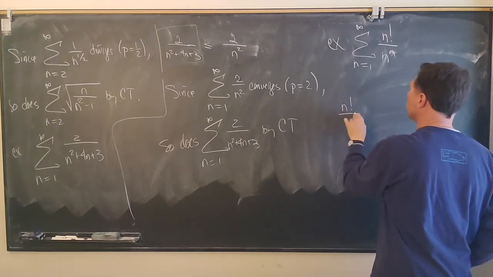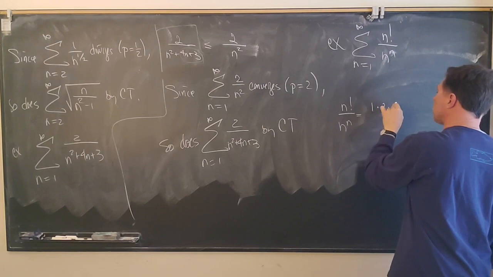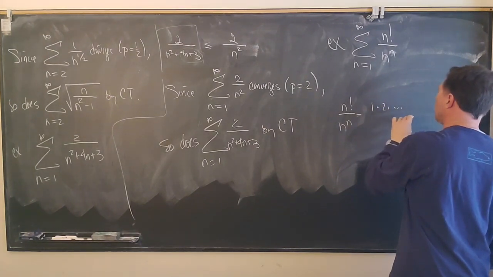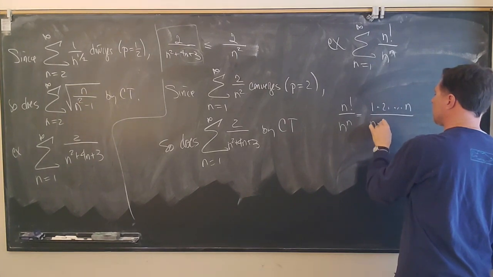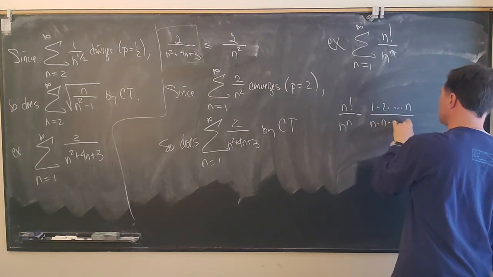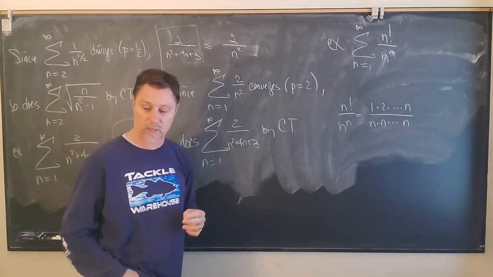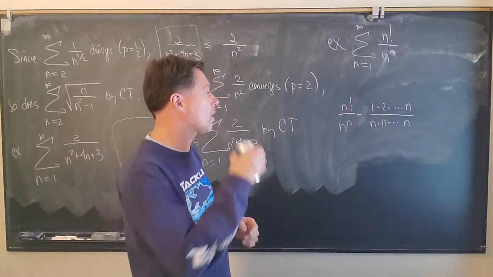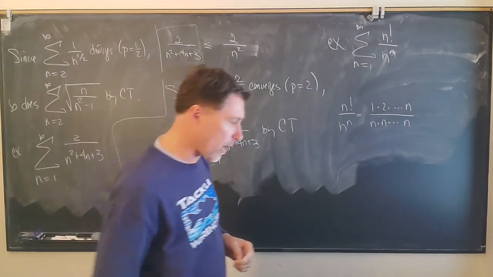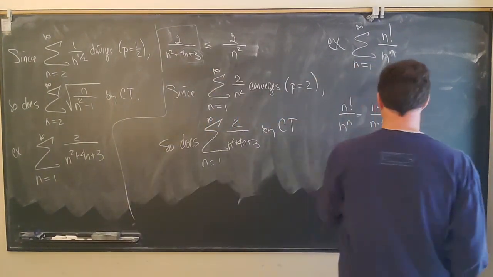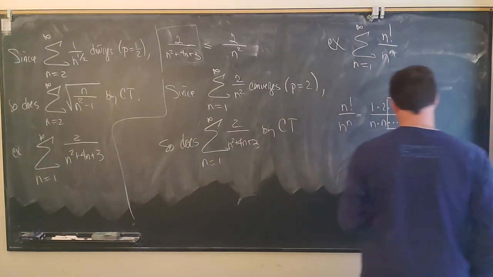N factorial over n to the n. That means 1 times 2 times dot, dot, dot, until we get to n in the numerator. And it means n times n dot, dot, dot times n in the denominator. All right, so we've got n factors of n in the denominator. Now I'm going to draw a little box right there.